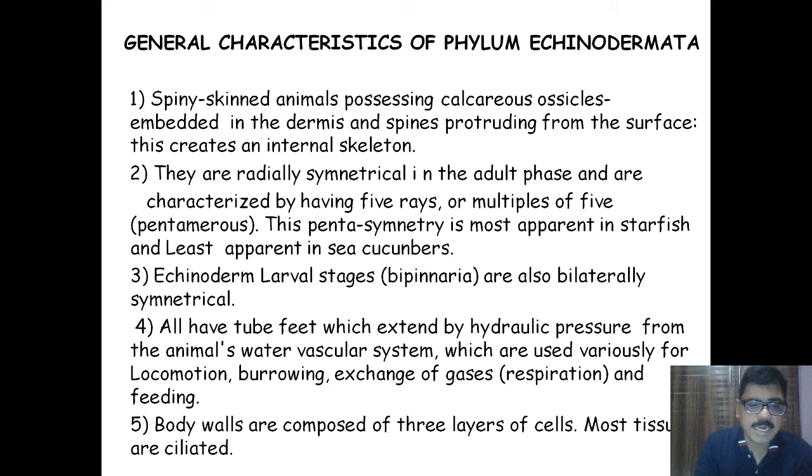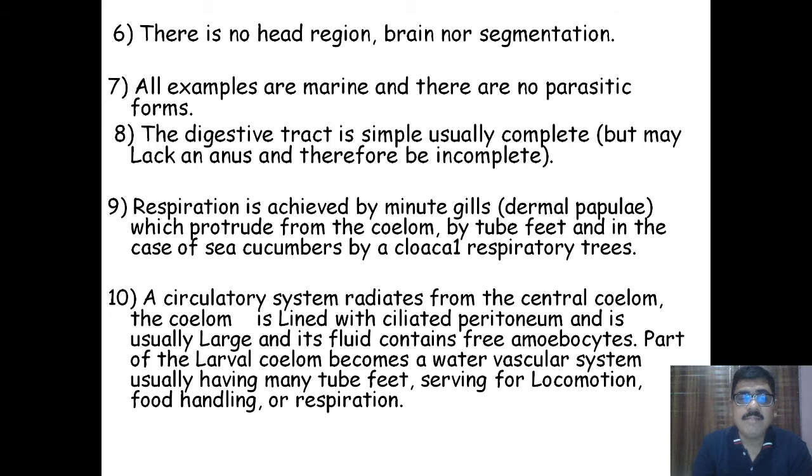Then the next character of the Echinodermata is that the body walls are composed of three layers of cells, and most of the tissues are ciliated. There is no head region, brain, nor segmentation in echinoderms.